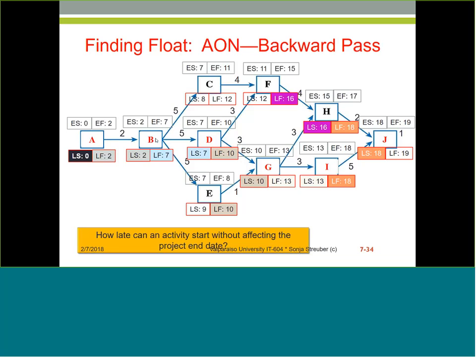So B obviously has no float, there is nothing we can do, right? So our float that we can use here is that we potentially start task number C late. However, we cannot finish B late because B is on the critical path.